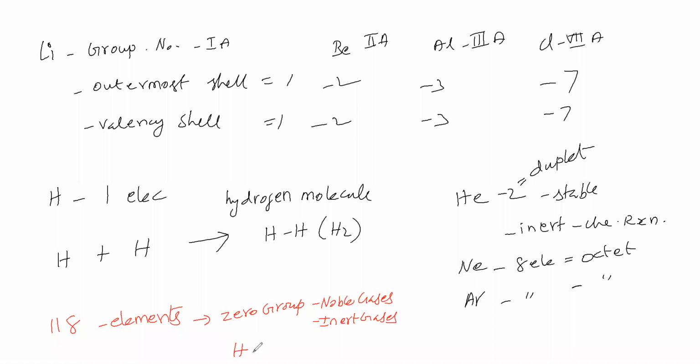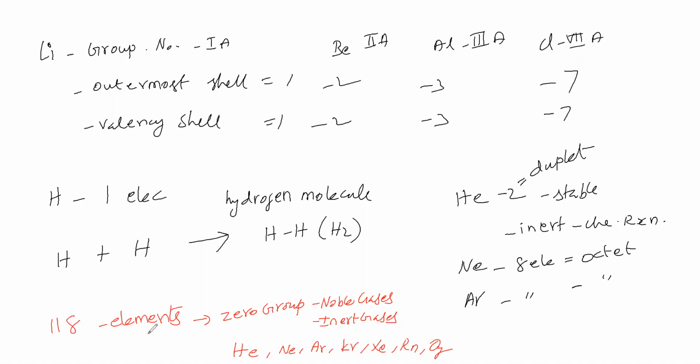What are these? Helium, neon, argon, krypton, xenon, radon, Og. These elements are called noble gases. This is called the zero group. These elements do not go for chemical reaction. The remaining elements all will go for chemical reaction.